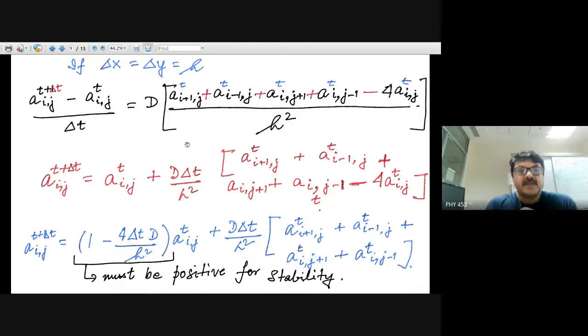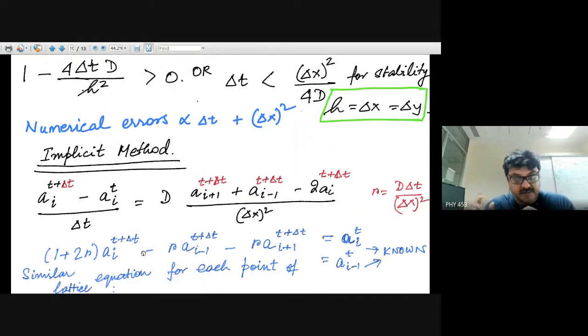But anyway, looking at this equation, for stability this term has to be positive, right? Else it will keep on decreasing. So this quantity has to be positive for stability of the simulation scheme, not stability of the equation, stability of the simulation scheme. Correspondingly, you can write that this has to be positive, and you can look at how stability of these simulation schemes is calculated.